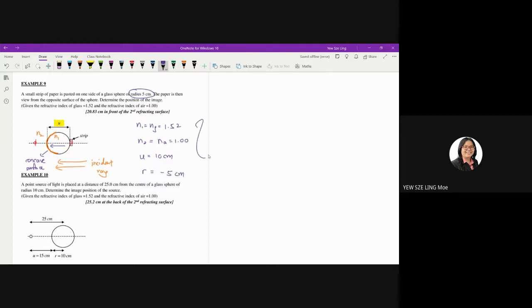By combining all this information, I have N1 over U plus N2 over V equals N2 minus N1 over R as usual. 1.52 over 10 plus 1 over V equals 1 minus 1.52 over negative 5.